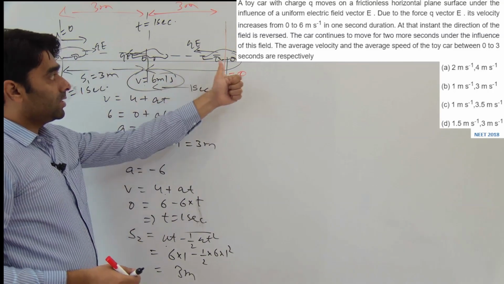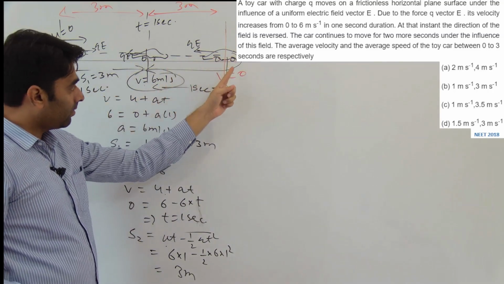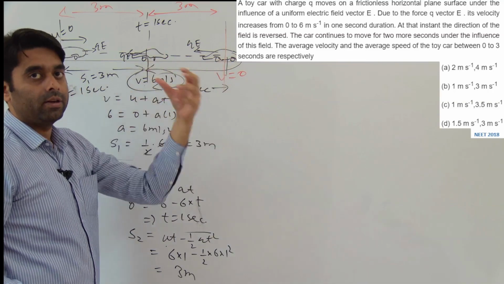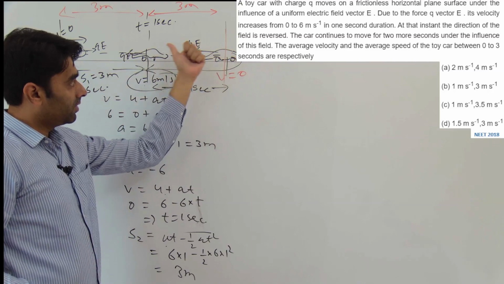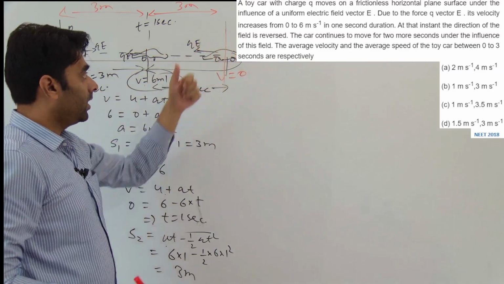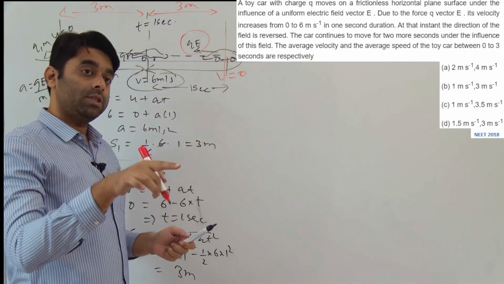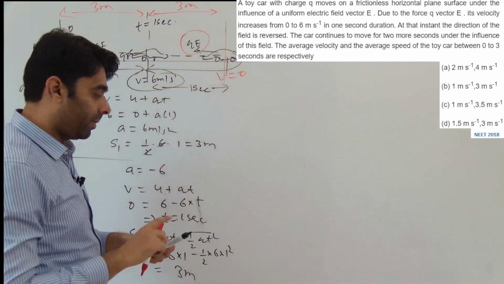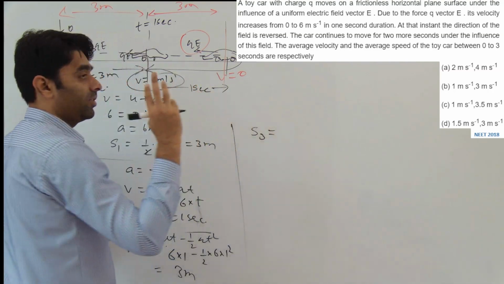Now, because your force is still acting QE in the backward direction, the body, the toy will reverse and it will start moving in the backward direction. And over here, now this QE will start acting as the acceleration for it. So for the next 1 second, how much is the distance traveled by it? Distance traveled for the return journey, because they have said for 3 seconds.